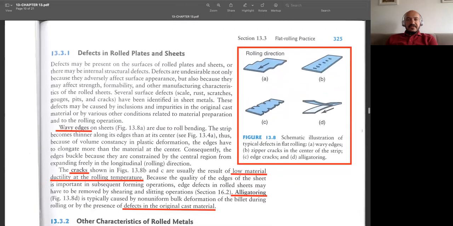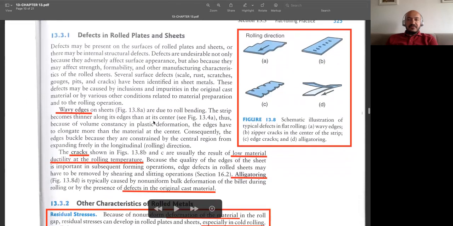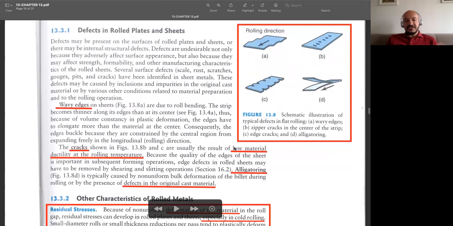And in this rolling process, sometimes we have problems. What are these? For instance, we have some examples here. We may have such a wavy product. This happens due to the bending of your rolls. Or we may have some cracks, internal cracks, or cracks at the side surfaces, side regions, and these are due to the low ductility of the workpiece, especially at the rolling temperature.